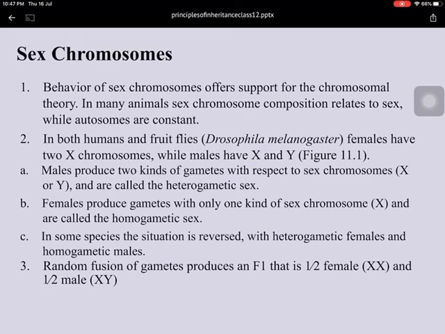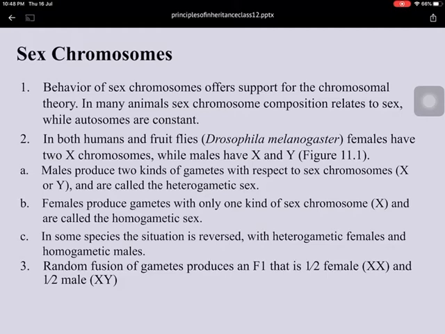As you know, 22 pairs of chromosomes are present, known as autosomes in human beings, and these autosomes are constant in number. If you want to understand the behavior of sex chromosomes, it is very clear from the chromosomal theory of inheritance.